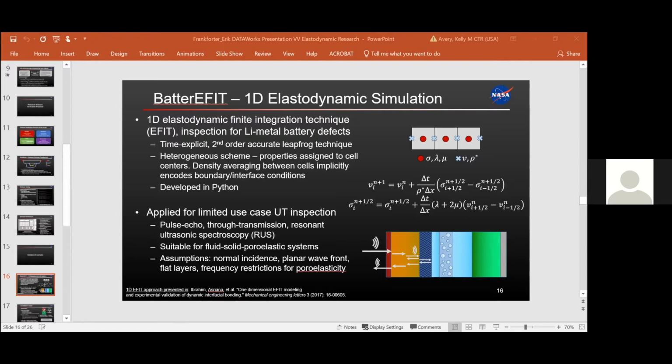That implicitly encodes the boundary conditions. So then we need to validate the individual propagation characteristics for wave propagation through layered media, for the inspection within individual components and for boundaries. Next slide, please. Thank you.